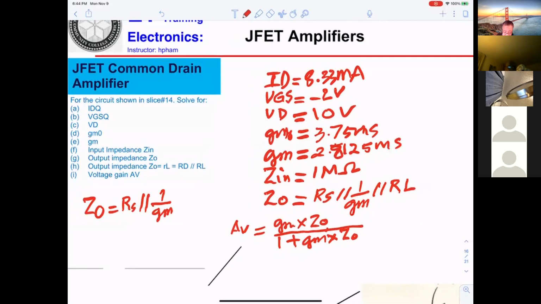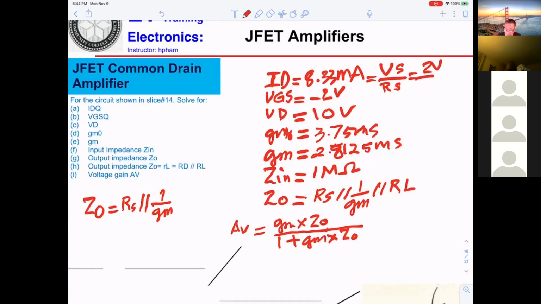Basically, you take the VS divided by IS. VS is 2 volts, right?